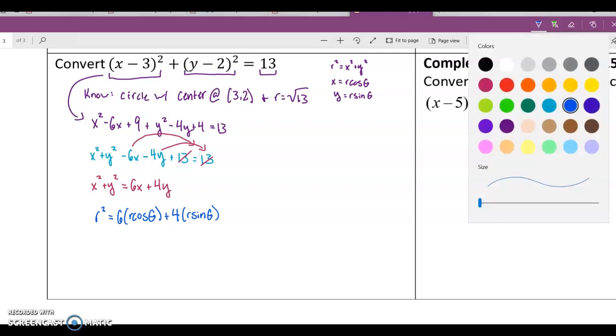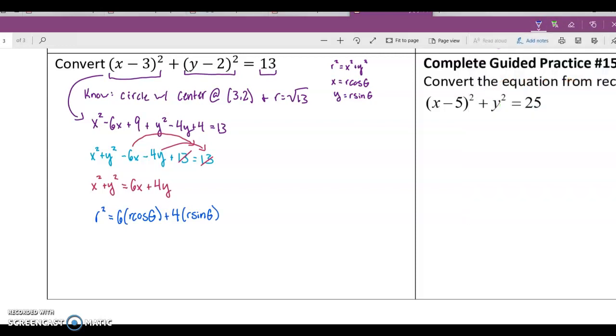Now let's do a little bit more simplification on that right-hand side. Both of these have an r in them, so we can factor that out. So we have r squared is equal to r times (6 cosine theta plus 4 sine theta).